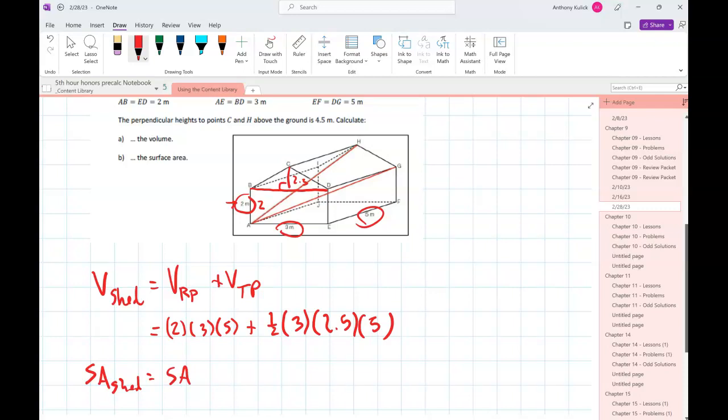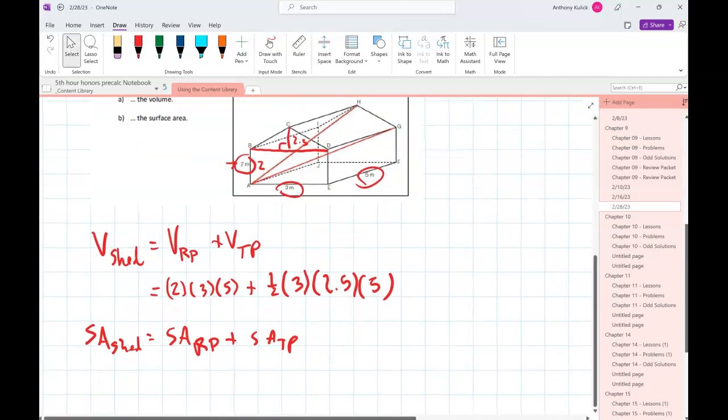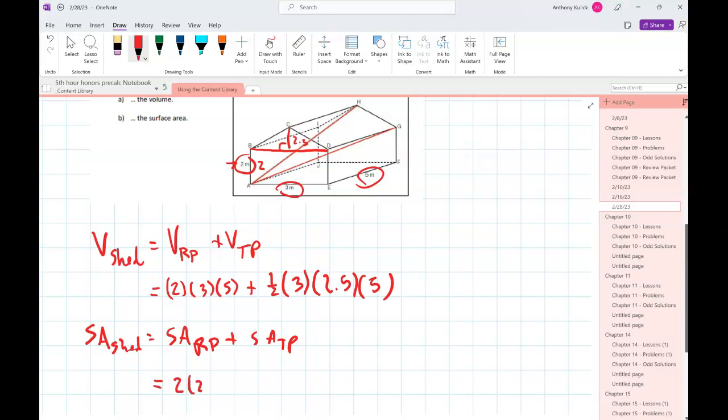So we'll do the surface area for the rectangular prism plus the surface area for the triangular prism. For the rectangular prism, I got the front and back, so we have 2 of those. And then we have the sides, 2 sides.